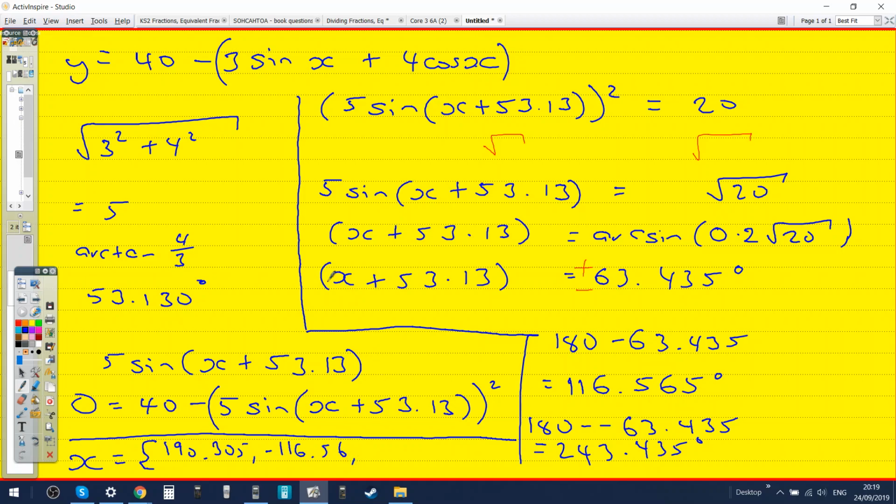The other one is 10.3. And the last one is 116.565 minus 53.13, which equals 63.435, which is what we found before.